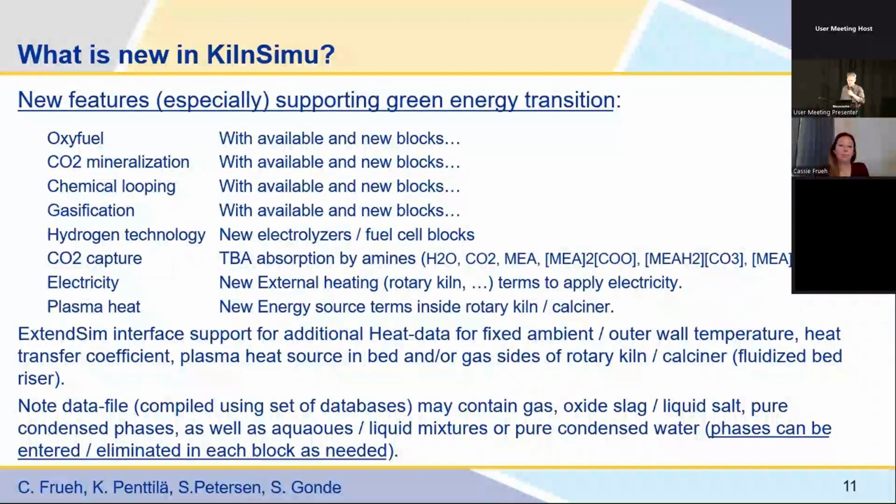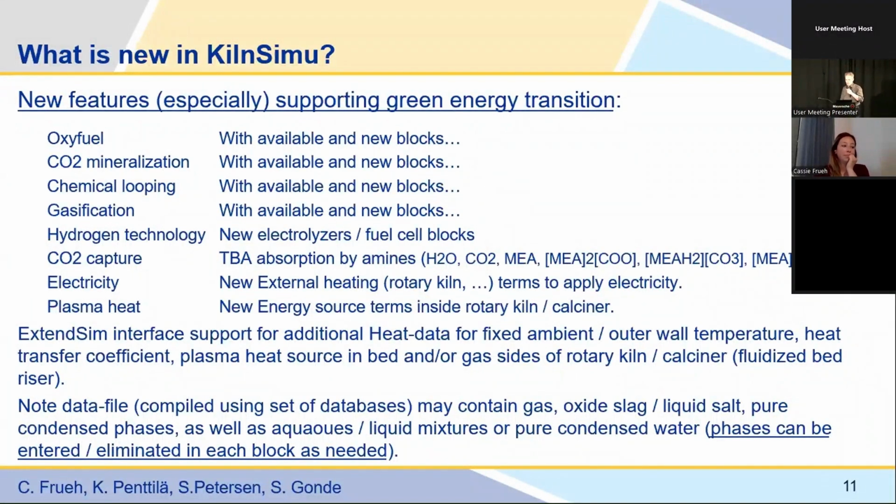So the extensive interface now supports this additional heat data where you can enter fixed parameters to control your ambient temperature and also the heat transfer coefficient. And with those, you can then set the net heat flux from outside into the kiln.